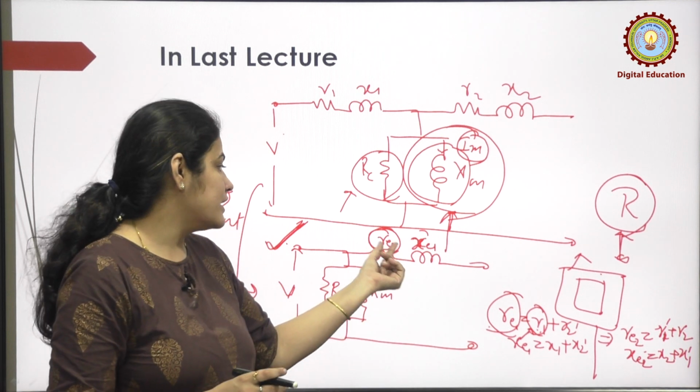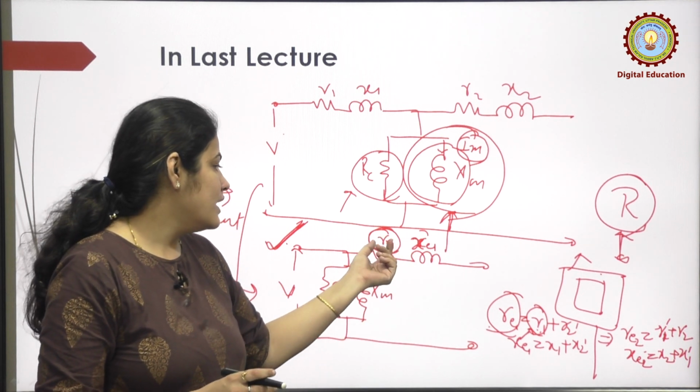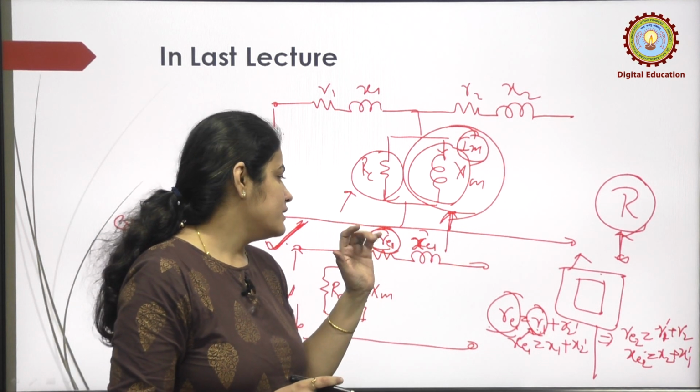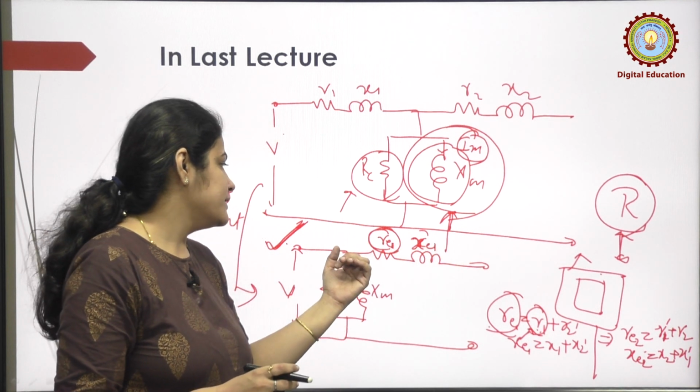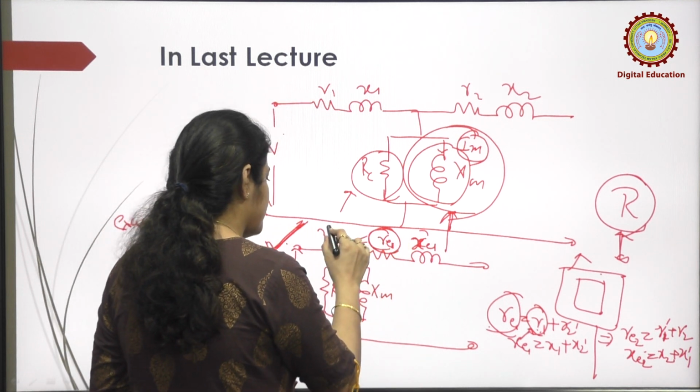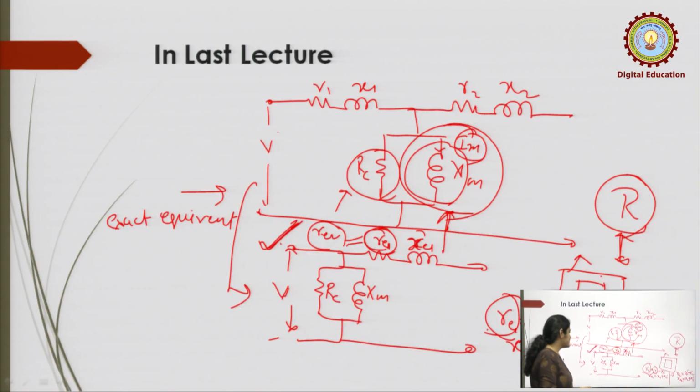If it is RE1, then the parameters are referred to the primary side, where 1 stands for the primary side. And if it is RE2, then the resistance is referred to the secondary side. That we already discussed in the last class.